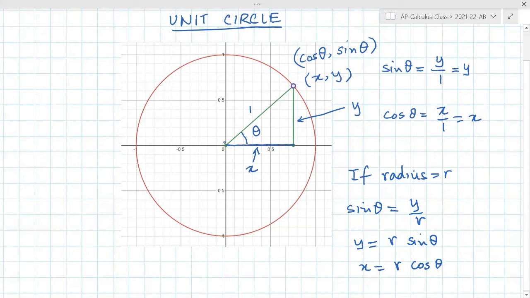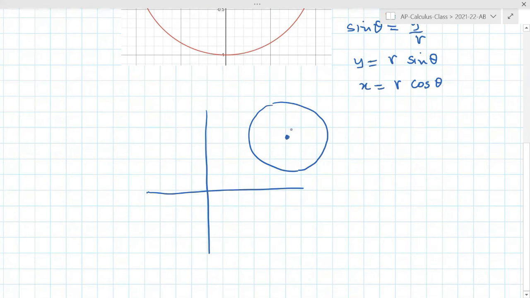If we shift the center also, then however much we shift, that will get added to x and y, right? If I shift it right by 1, then the x coordinate will become +1. If I shift it up by 3, then y coordinate will be 3 more, so 3 plus sine theta. Right, so say this center is (A, B), and the radius is R, and this is theta.